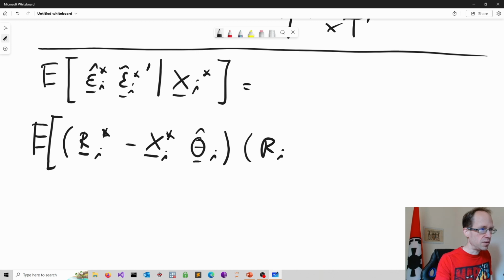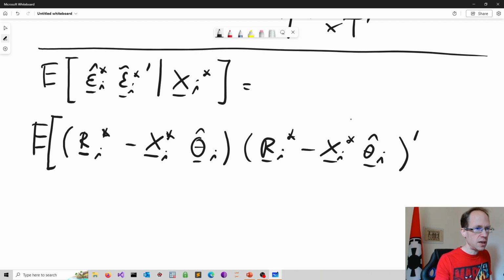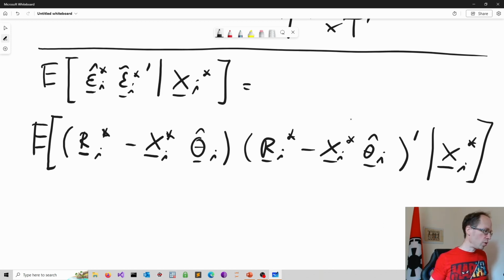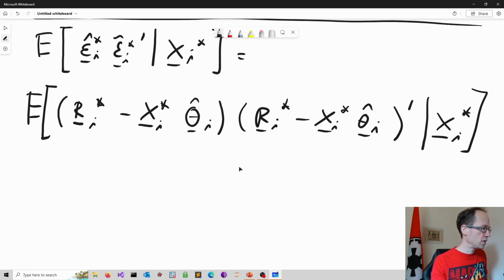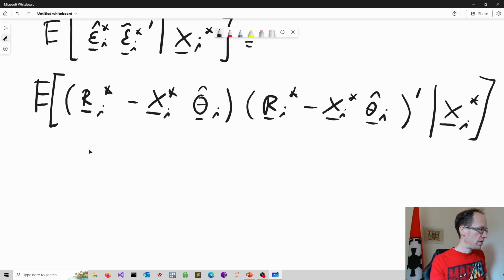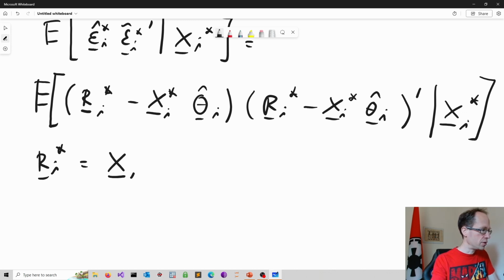And then I have this going on in the second part. Here I have to use a transpose and then apply the conditions. I apply the conditions, and now I simply follow our standard definitions. Again, I use something similar to what you have seen before. I replace the return here with my normal return expression, so I obtain my normal return using the true parameter value plus my random noise.